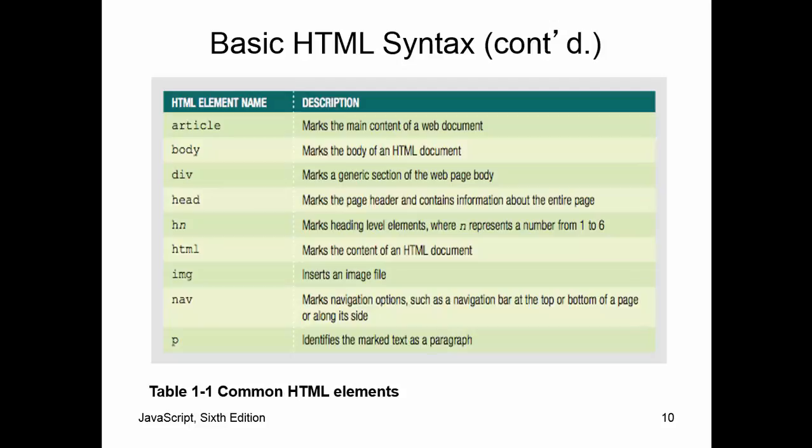All the rest of the stuff that you see in their body, div, head, the H tag, which can go from H1 through H6, HTML, IMG, nav, and P. All of those things that are in there, and I guess nav is more or less like that too. But article and nav, those are HTML5 tags. And HTML5 is the newest version of HTML, even though I know that they're either coming out with 5.1 or 5.01 if they have not already.